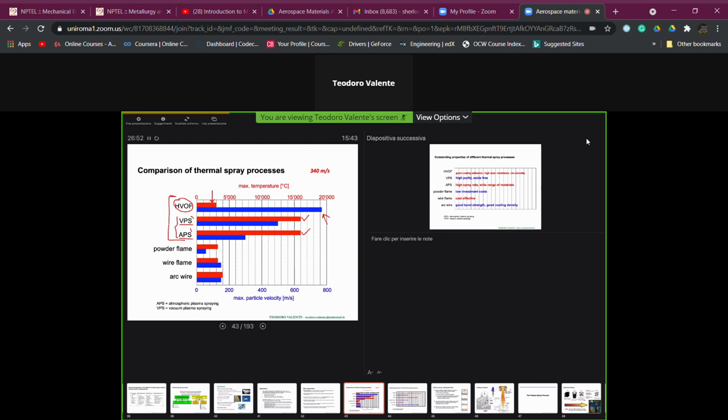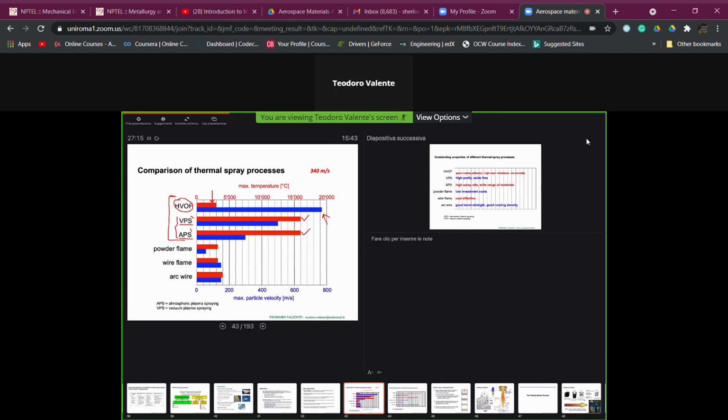And this is the third reason why we use APS, because it is good enough, for the fabrication of the partially stabilized zirconia top coat. We have residual porosity values, as I told you before, in the range of 5 to 8 to 10%.